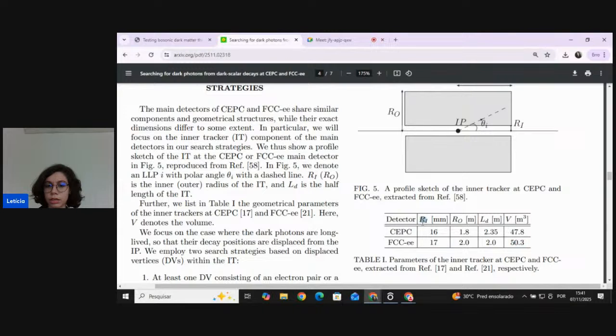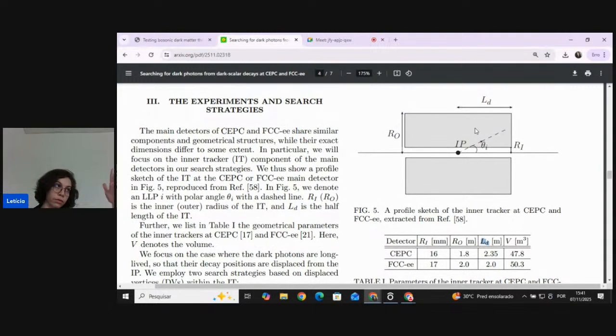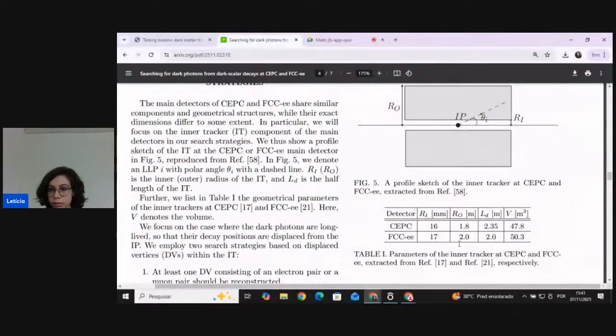This is the inner radius of the inner tracker. This is the outer radius. So this is a cut, a vertical cut here. This is the half of the total length of the inner tracker. This is the volume. So you can see here that they are pretty similar in these values.